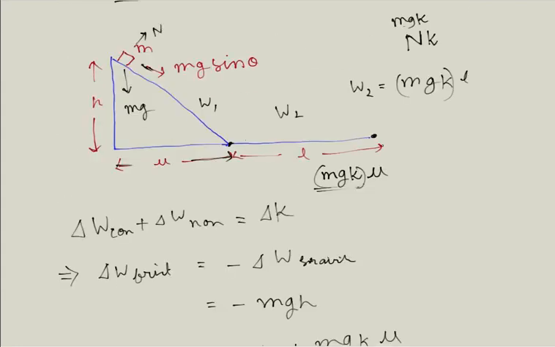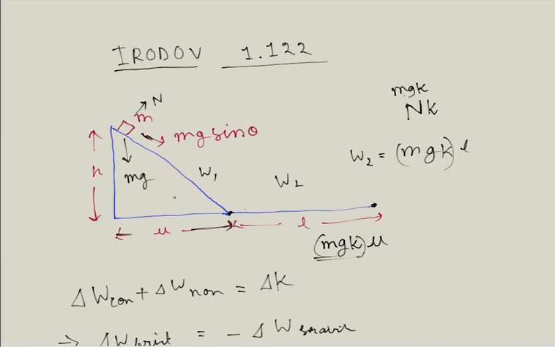and from this triangle, this is alpha, it is given in the question. h by the horizontal length is tan alpha, so the horizontal length will be h by tan alpha.